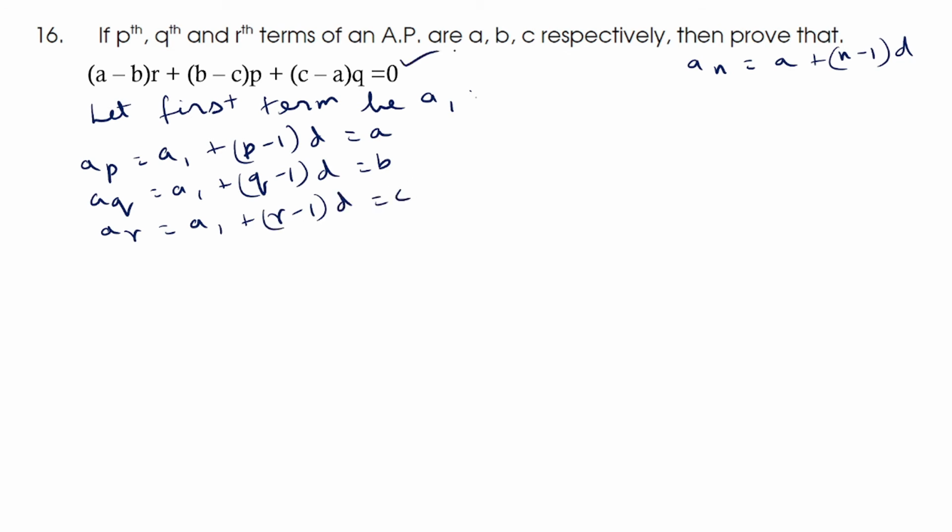Now let us take the left hand side of this equation. So the left hand side is (A minus B) into R plus (B minus C) into P plus (C minus A) into Q. So this is equal to, so in place of A, let us substitute this, and in place of B, this.